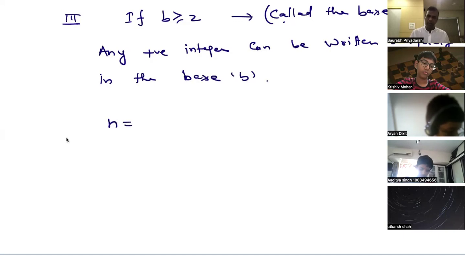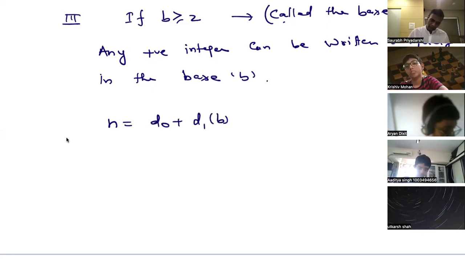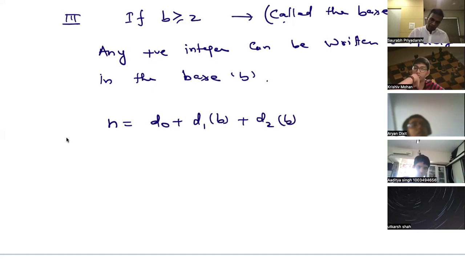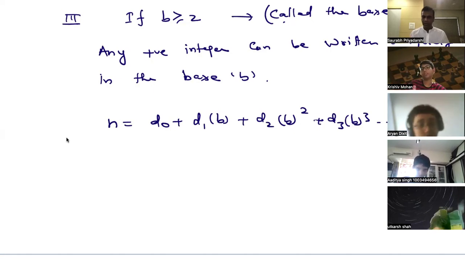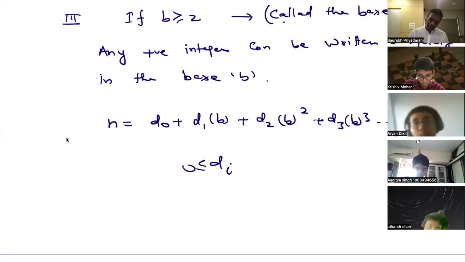It must be in the form of digits, D0 plus D1 into B plus D2 into B square plus D3 into B cube up to Dk into B to the power k. But the condition is any of Di must lie between 0 and less than b.